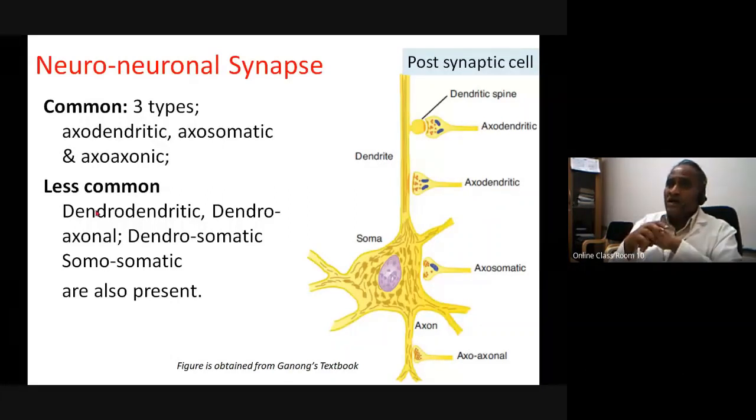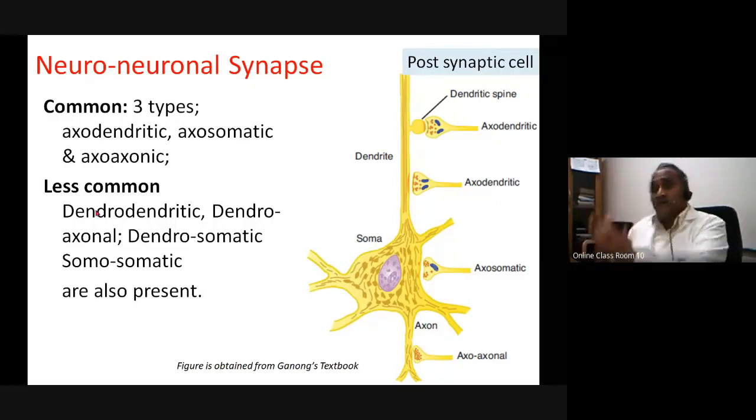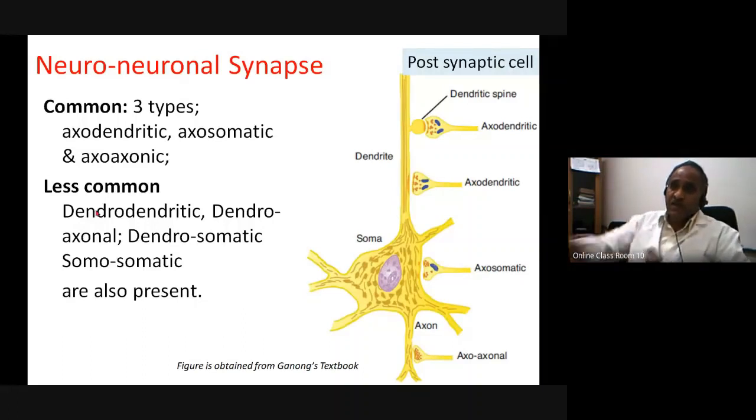Dendroaxonal is difficult, because dendrite is a reception, so it is a difficult proposition. Dendrosomatic is possible because the dendron of one nerve may have a contact with the soma of the other, so that is possible. Somatosomatic, so that means from the cell body of this to another cell body is a possibility.